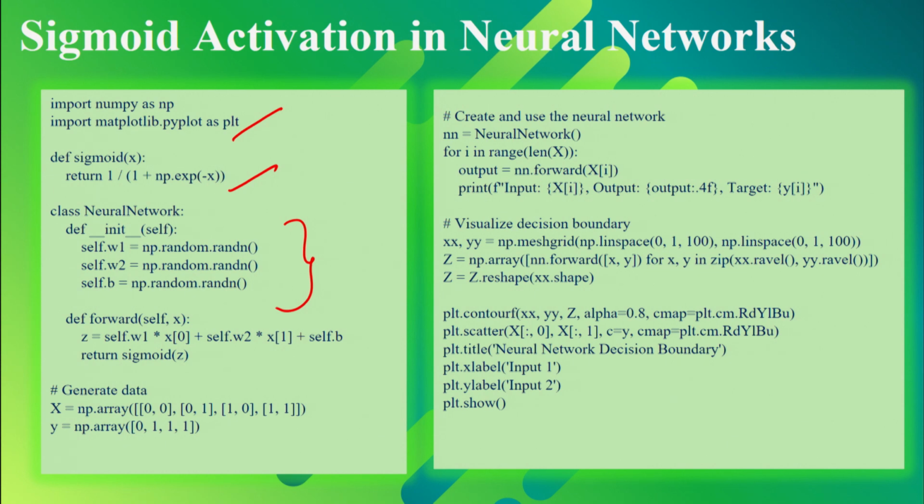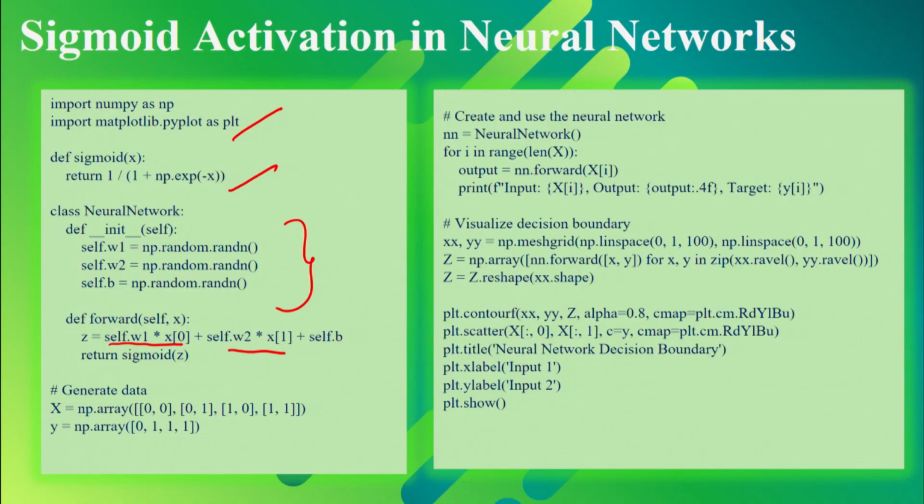Now, we applied a forward pass, that is the feed forward step, where the weight is always multiplied with the parameters. So, W1 is multiplied with x0, W2 is multiplied with x1, and then we have added the bias value. Now, this z has been sent to the sigmoid function, which is an activation function.